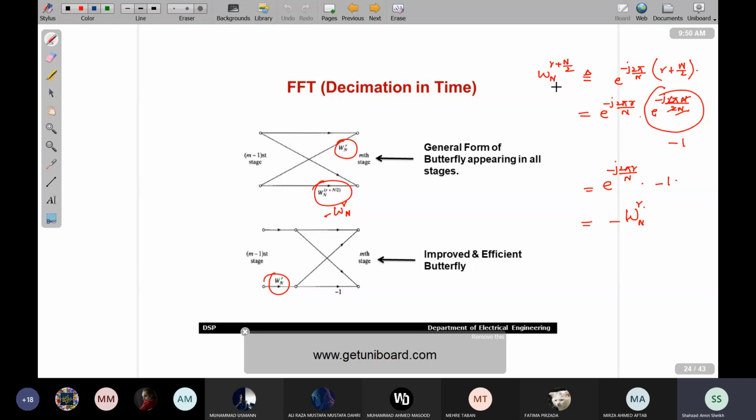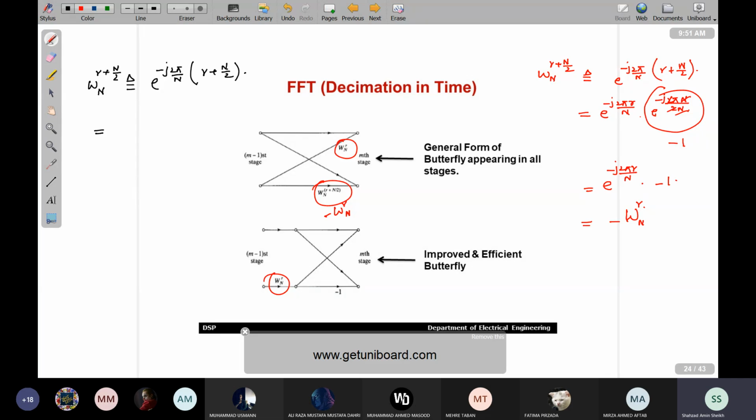So let's see W_N, I'll just repeat it again. Now W_N^{r+N/2}, by definition, is equal to exponential of minus j 2 pi over N, because W_N is that, raised to r plus N/2. We can write it like that.